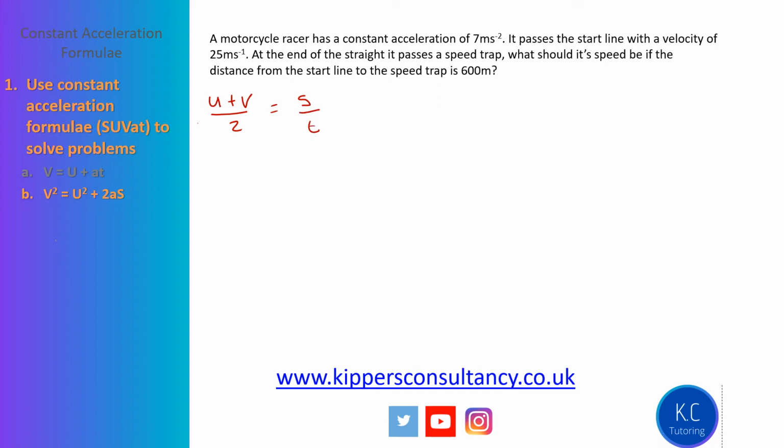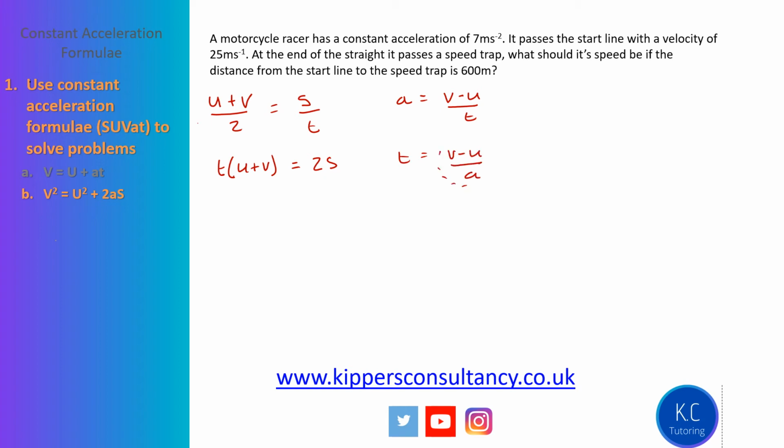If I now cross multiply, I end up with t bracket u plus v equals 2s. Now, if we take our original formula for acceleration, which we derived from its definition, a equals v minus u over t, we can rearrange this to give us t equals v minus u over a.